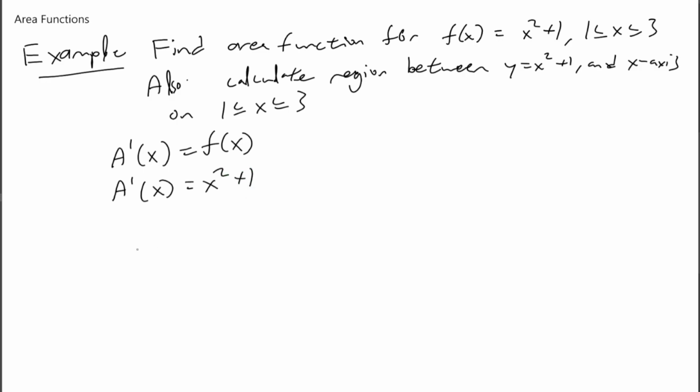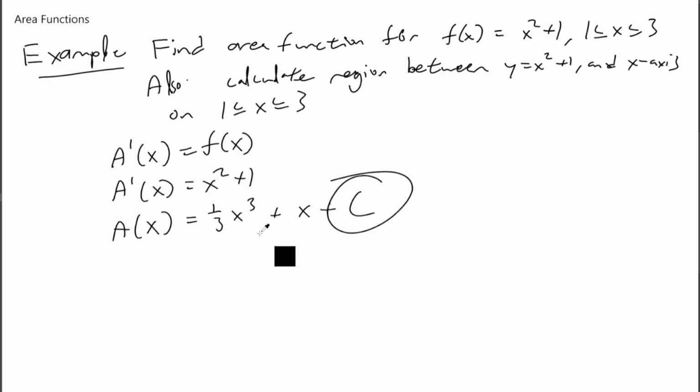And now we can integrate this, and you know that A of x is equal to a third of x cubed plus x plus our integral constant c. Now we have to find this c in order to find what our area function actually is. So we use the fact that A of 1 is equivalent to 0.